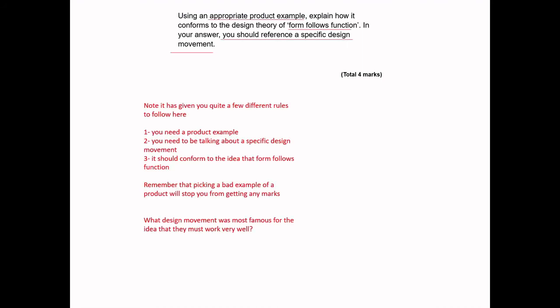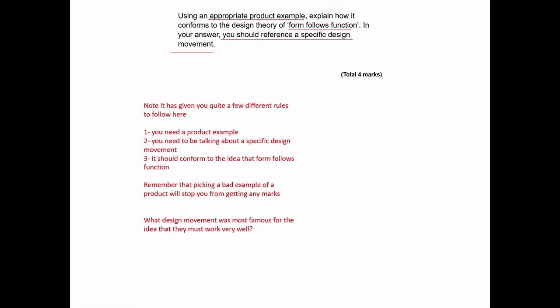And last one: using an appropriate product example, explain how it conforms to the theory of form follows function. In your answer, you should refer to a specific design movement. So, 4 marks. Note that it's giving you a few different rules you need to follow here. 1, you need a product example. And remember that when it says you need a product example, picking a bad example is going to be shooting yourself in the foot. So make sure you pick a good example you know enough to talk about.